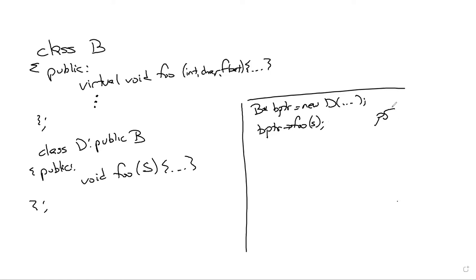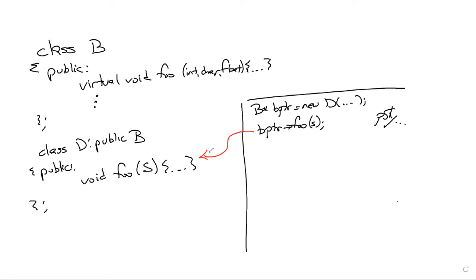We have a bptr pointing to a new derived, and we call a function foo and send it an S. Now what this actually means is that during runtime, it should see that the function it should be calling is this one. Why? Because bptr is actually pointing at something which is derived, therefore the function it should be calling is that function, and therefore this function call should be legal.